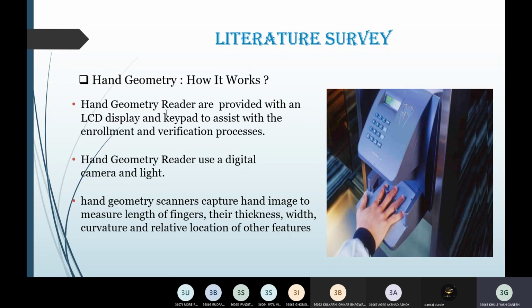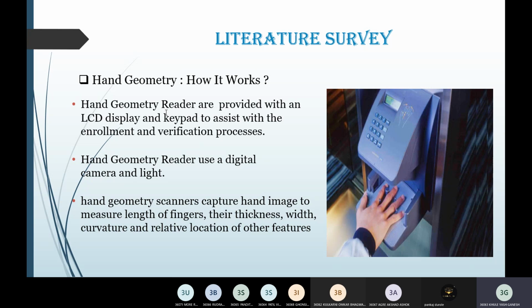It can be used in many ATMs. If someone has to withdraw money, they first insert their personal identification number or PIN, and the recognition system fetches the stored biometric record associated with the entered PIN and prepares to match it with the hand scan that follows.